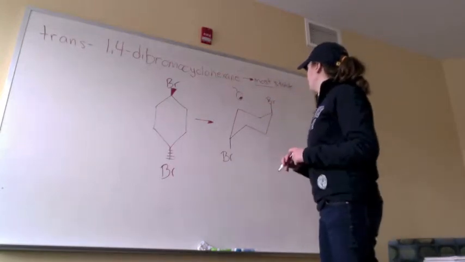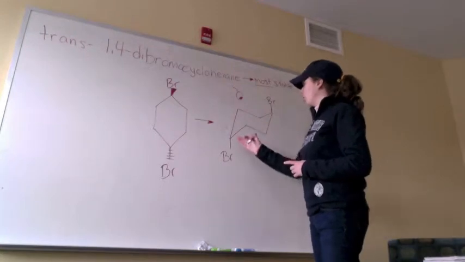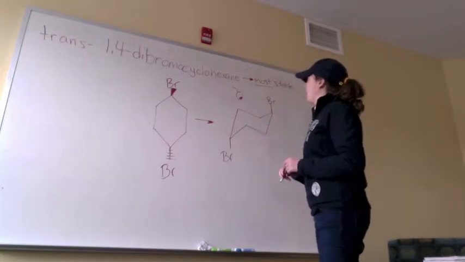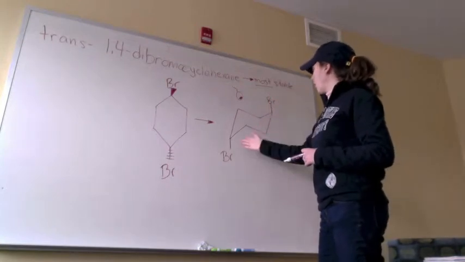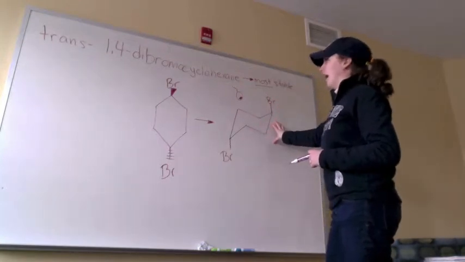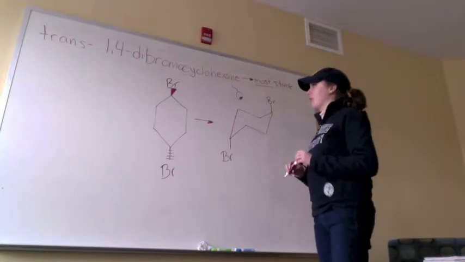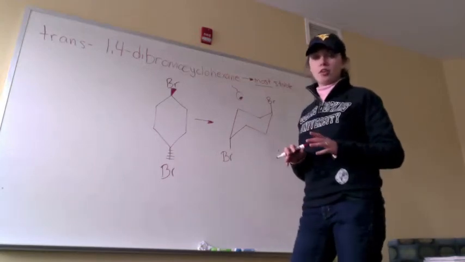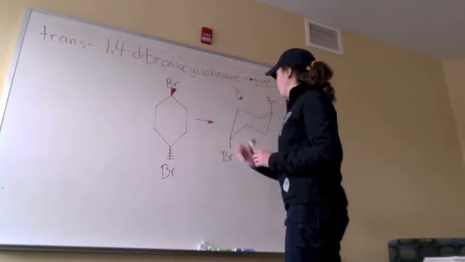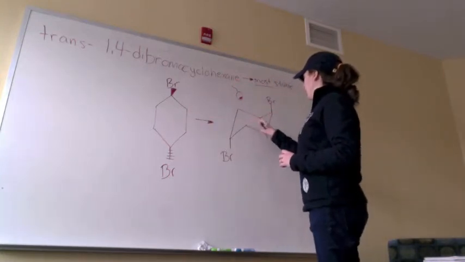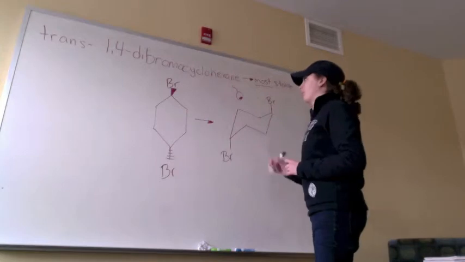Now, as you can see, both of these are 1,4-dibromocyclohexane, and they're facing opposite directions, so this is in fact trans-1,4-dibromocyclohexane. However, the most stable version of this is neither the ring form nor this chair conformation where they're both axial.